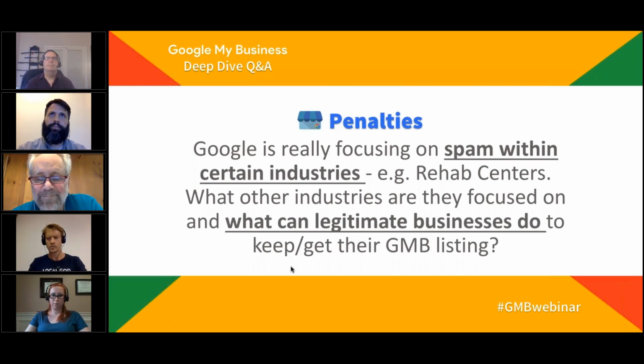Yeah. So it's correct that Google looks at industry by industry, and that's really just for facility of doing spam finding. So there's two teams. There's one team that moderates and looks at all the edits that are coming in, and if those come up with certain categories where there's lots of edits happening, then there's a second spam team that says, okay, how can we solve this in a much more scalable way?